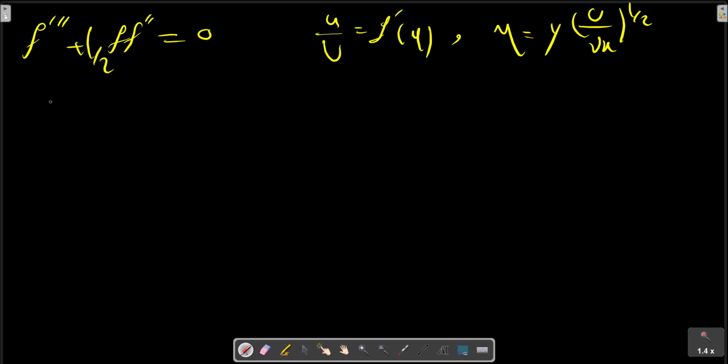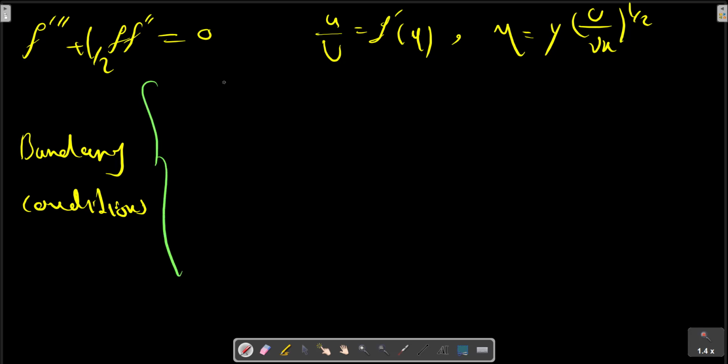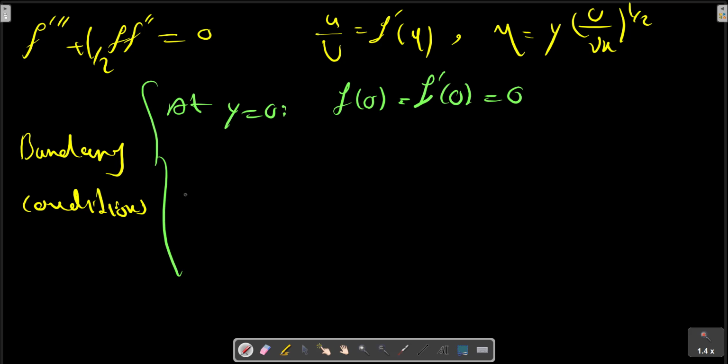The boundary conditions are at eta equals 0 and at eta going to infinity, f prime equals 1.